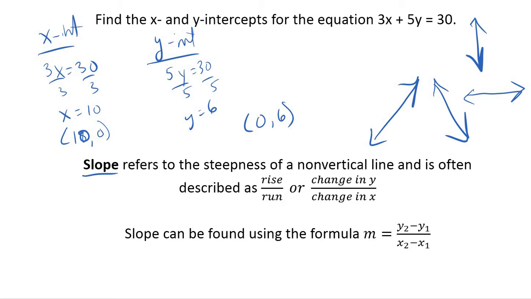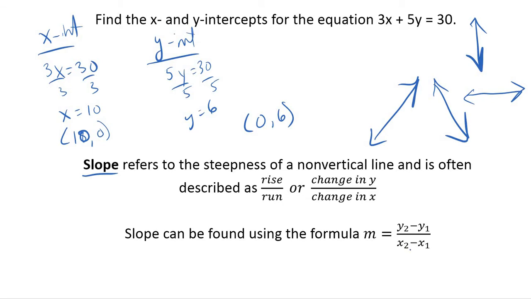And we often describe this as rise over run, or more technically, a change in the y, that's what's happening in the vertical direction, rise, over the change in the x, in the horizontal. And then we have this little formula: y2 minus y1 over x2 minus x1. All that is a y value minus a y value, change in y, our rise, over x2 minus x1, x value minus x value, our run, our change in our x values.